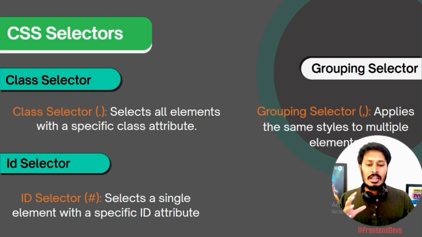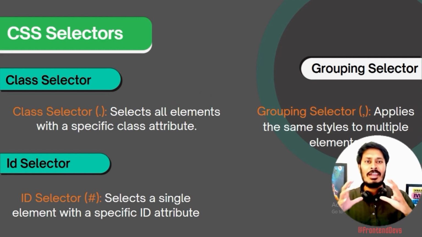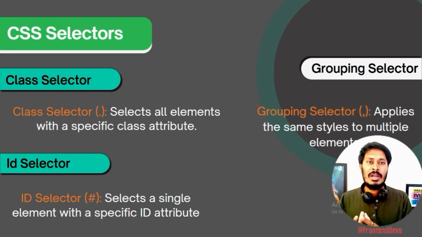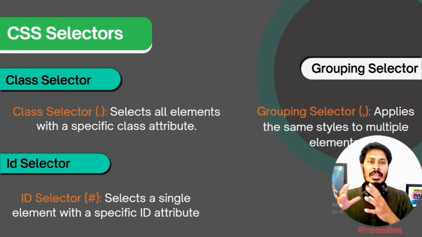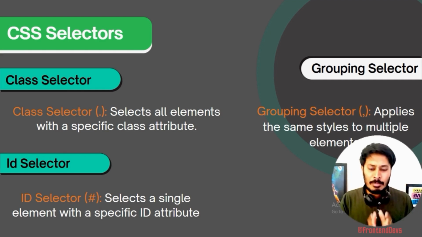After that, we have a class selector. The class selector is used to select all the elements with a specific class attribute. That means in our HTML, we can add the class attribute on different elements, and when we are applying CSS on them, all those elements having the class attribute with a particular value, the CSS will get applied on them.